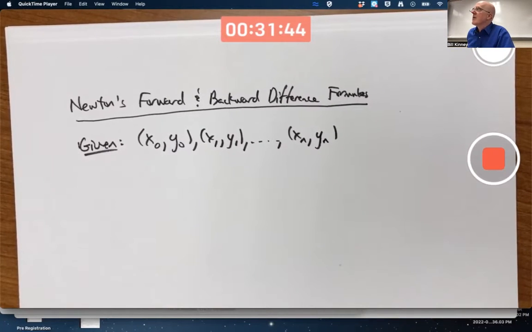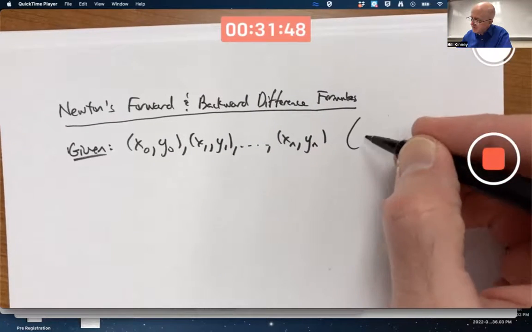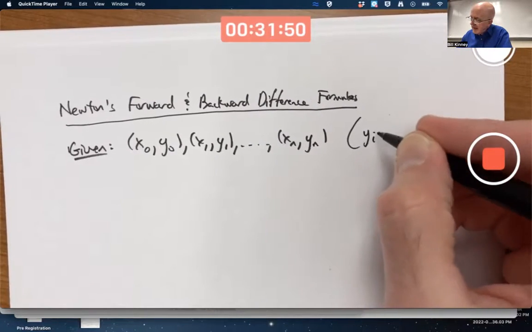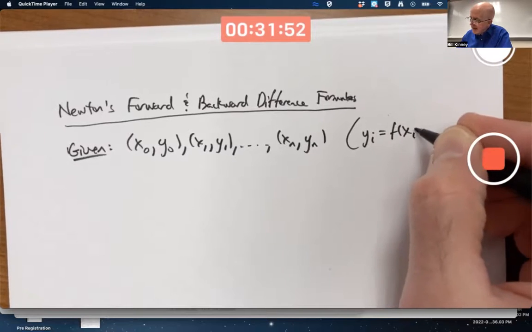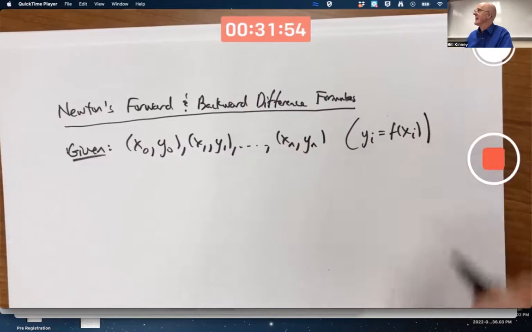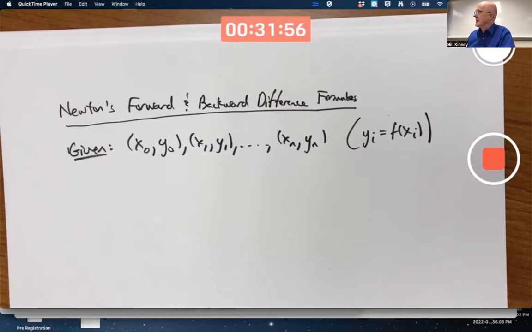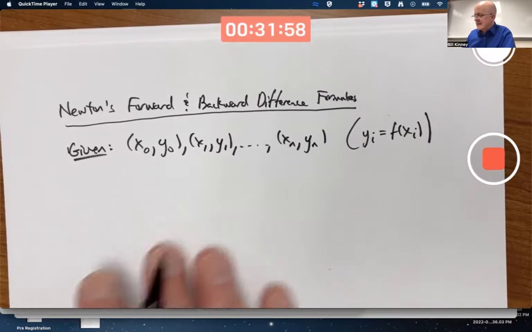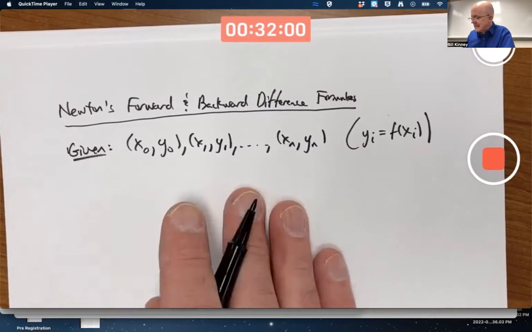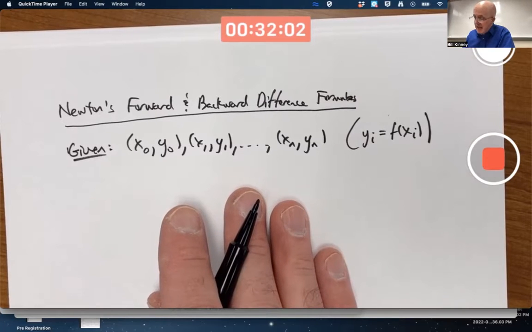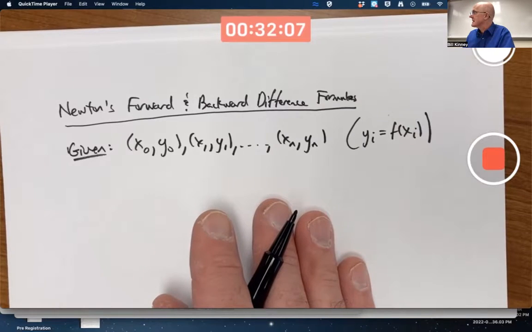The y's are function values. So there's some unknown function, yi equals f of xi, some unknown function f that we're trying to interpolate here. We are implicitly assuming the nodes, the x's, are distinct, n+1 distinct nodes. The y's are not necessarily distinct.